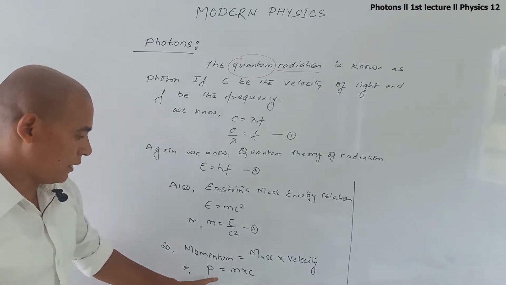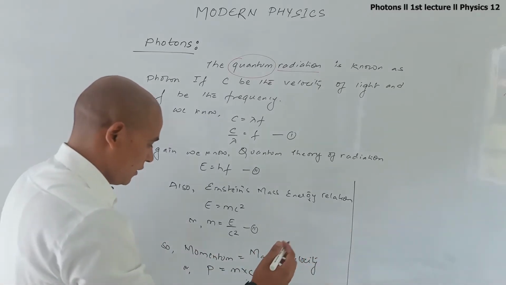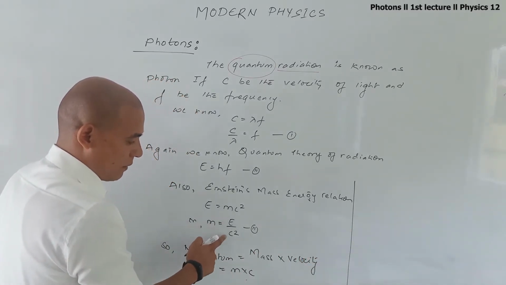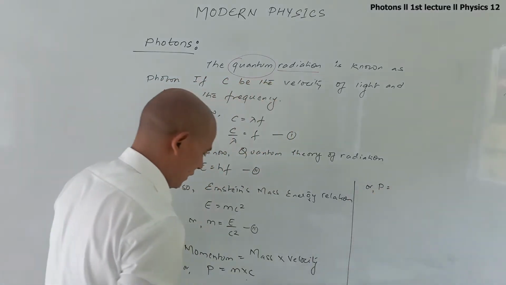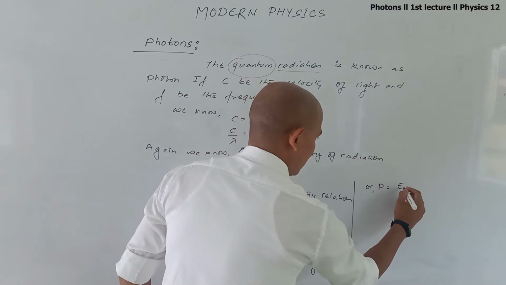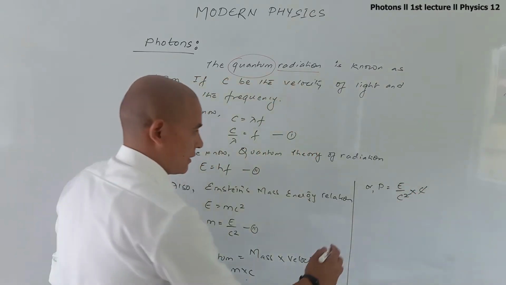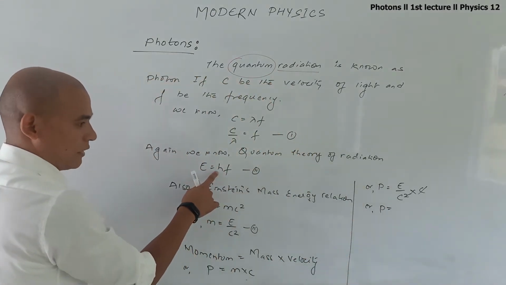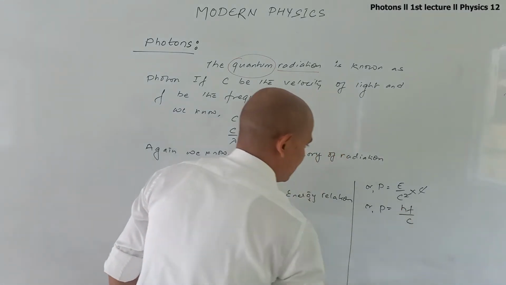If we replace m by E by c square, our new equation will be P equals E by c square into c. So c and c get cancelled, or P equals, in place of energy E we can write hf by c.